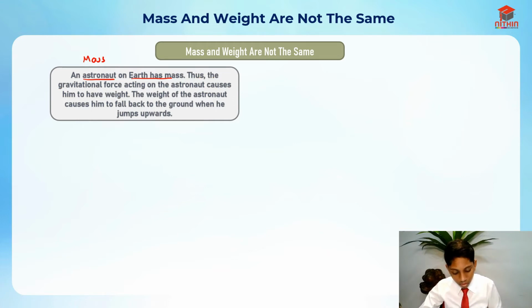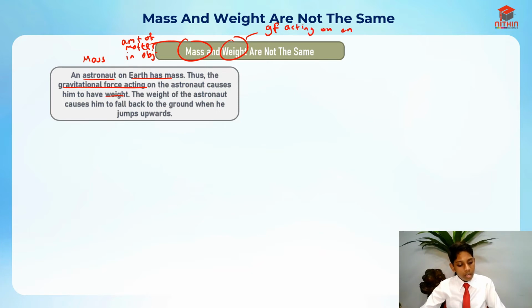Okay? So, remember, mass is basically the amount of matter in an object. And weight is basically the gravitational force acting on an object with mass.